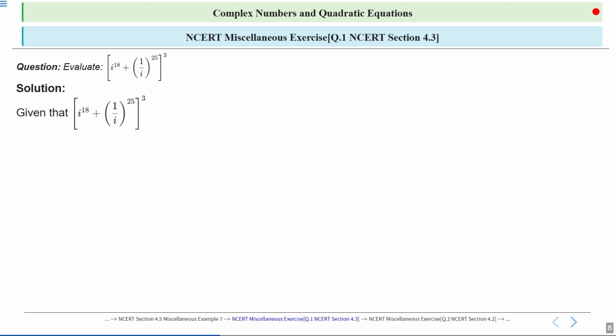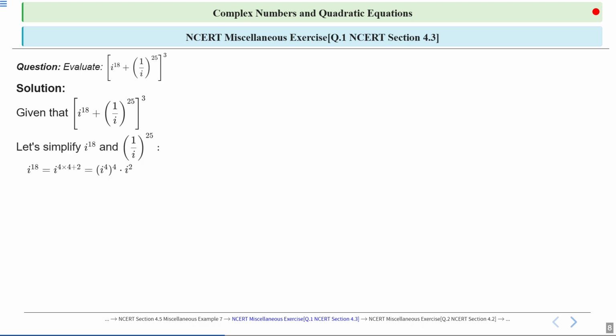Actually, iota to the power 4k is 1, iota to the power 4k plus 1 is iota, iota to the power 4k plus 2 is minus 1, and iota to the power 4k plus 3 is minus iota. So we can use this concept and then simplify this expression.